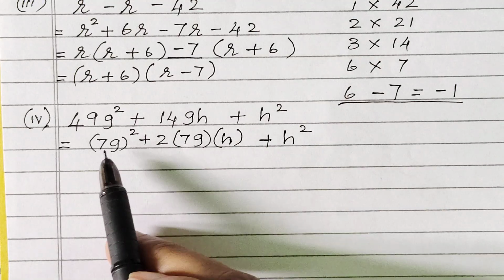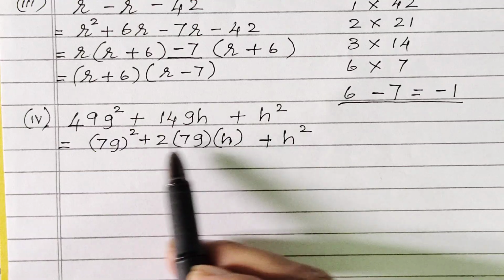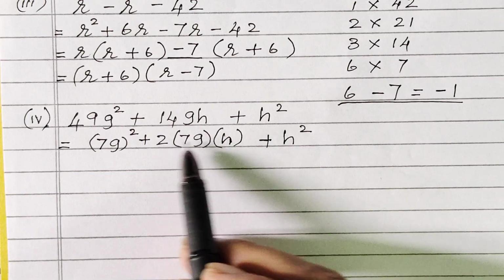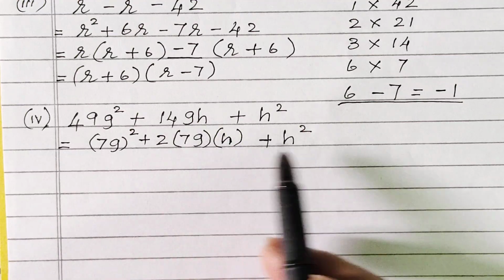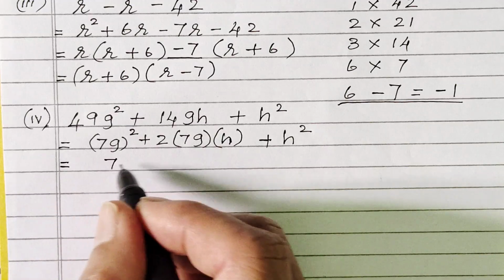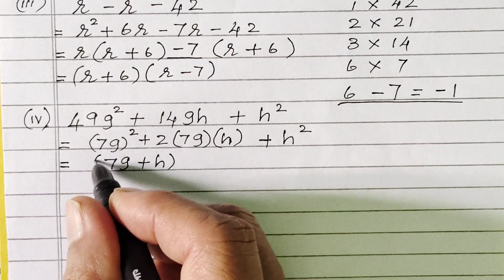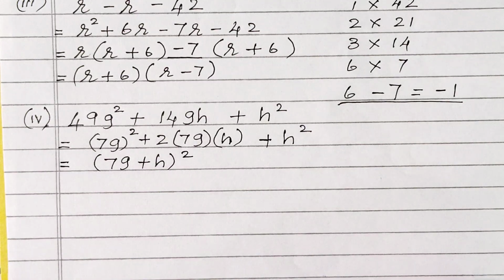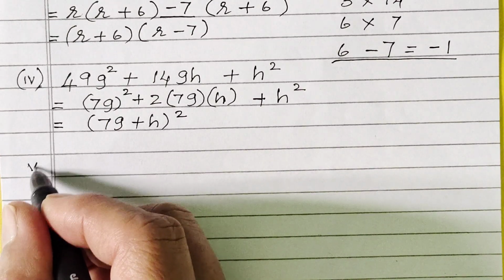You can see here now a square plus 2ab. If I solve this, what I'll get, 2 into 7, I'll get 14gh. So a square plus 2ab plus b square. So we can write a plus b whole square, 7g plus h whole square. So this is factorized. We'll go to the next sum, fifth one.